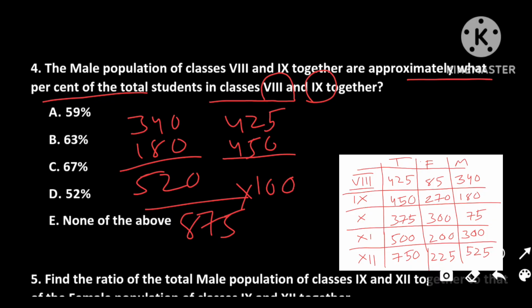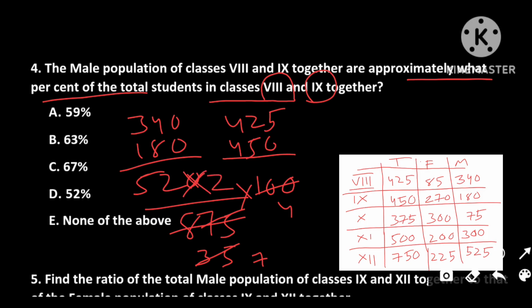So 25, 3 times will be 75. 125 means 5 times. Okay, 5, 7 times, 5 2 times.